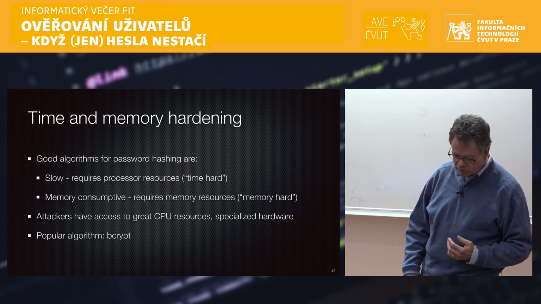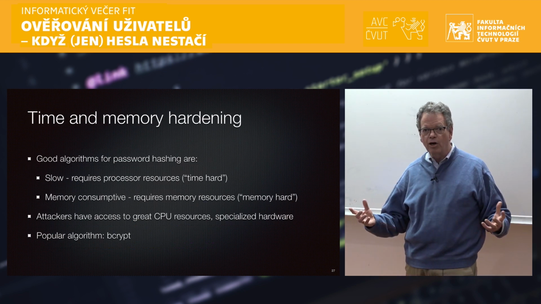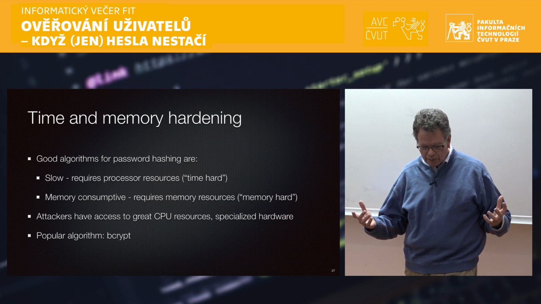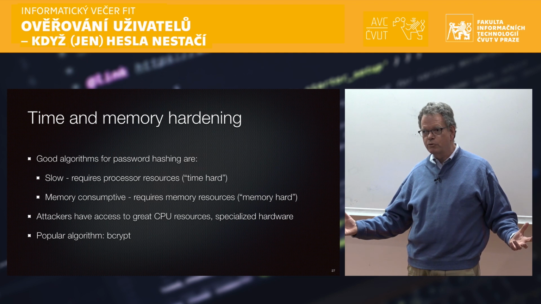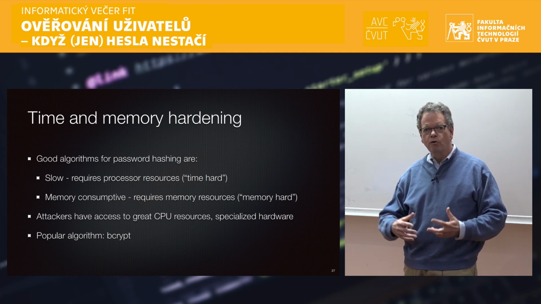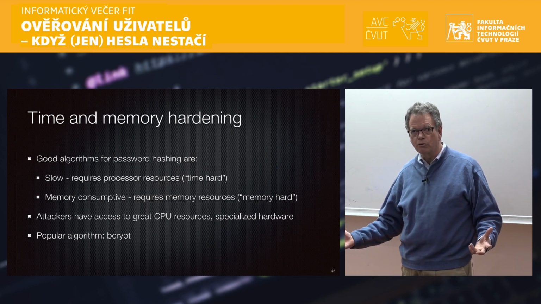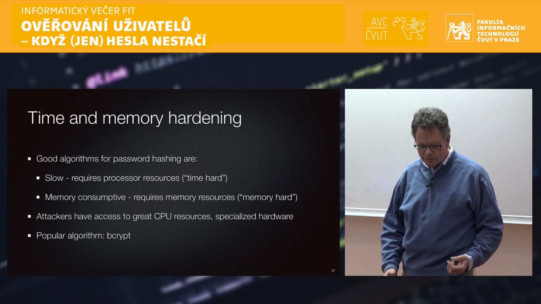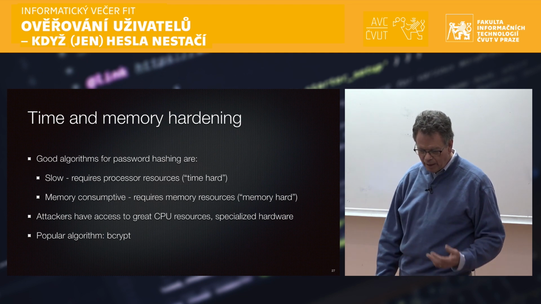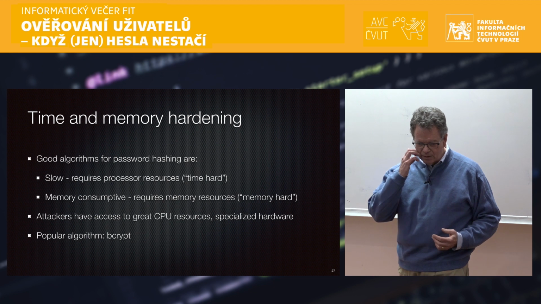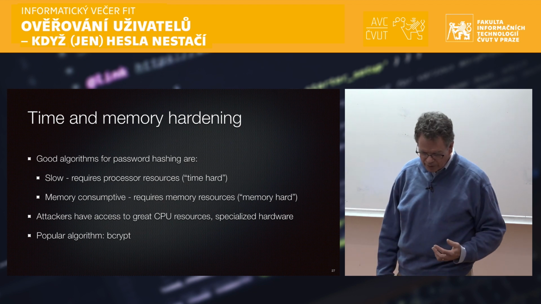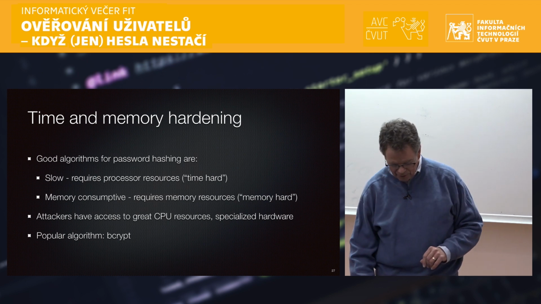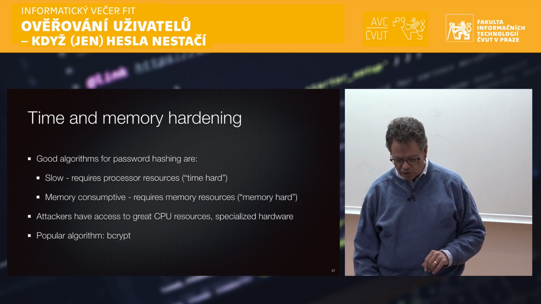So there's what we refer to as time and memory hardening. These are algorithms that are both slower, but also take a lot of memory to run, so they require a lot of resources in order to crack the passwords. bcrypt is an example of that, and that's kind of the best in the hashing world.